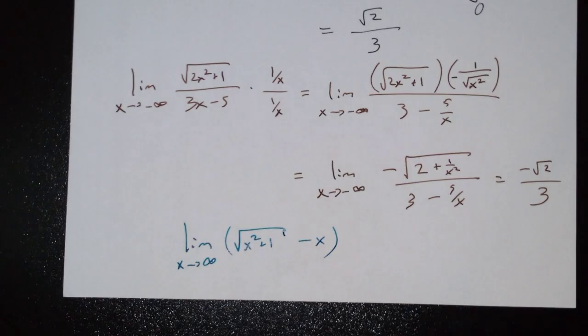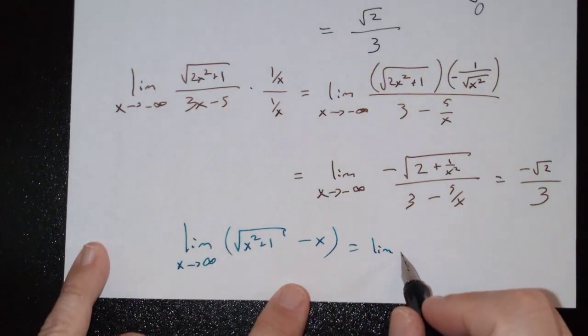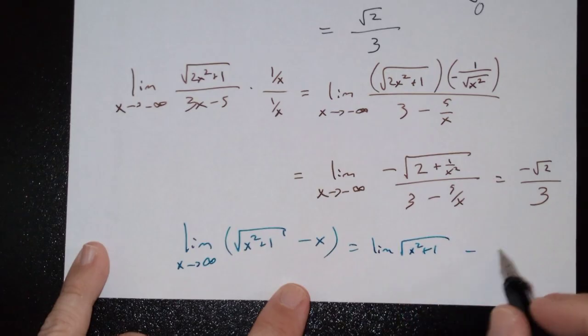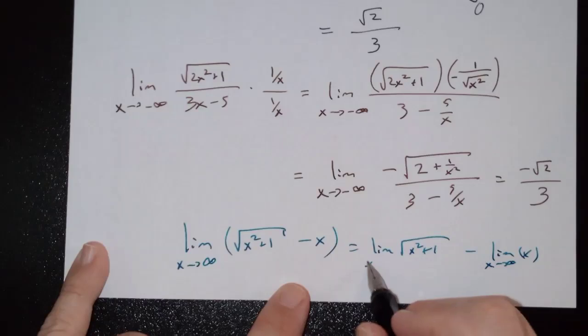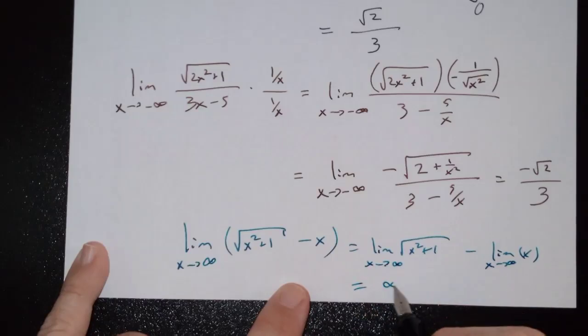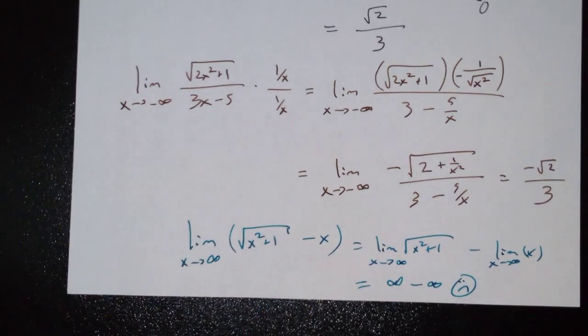If I used my limit rules and I said I'm going to take the first part minus the second part, then I would have infinity minus infinity. I don't know what that means. I don't know how to add infinities. I don't know how to subtract infinities.